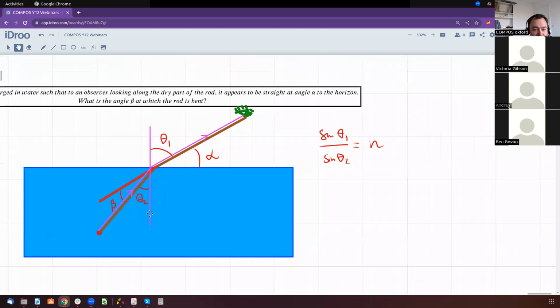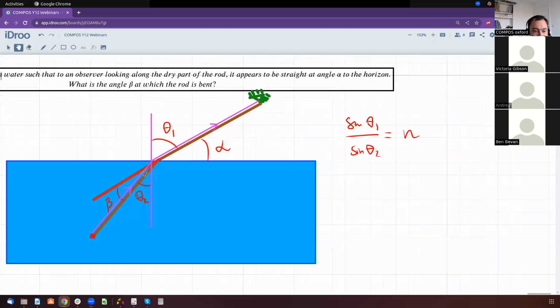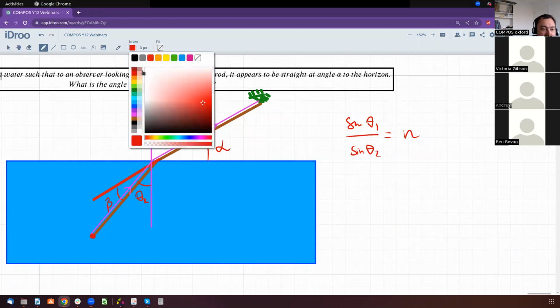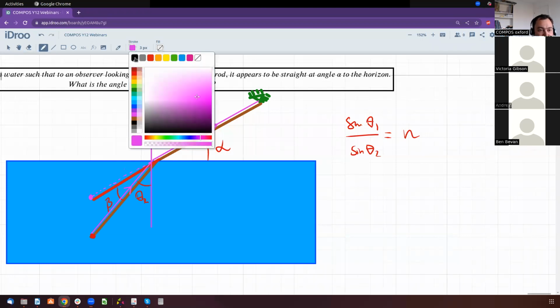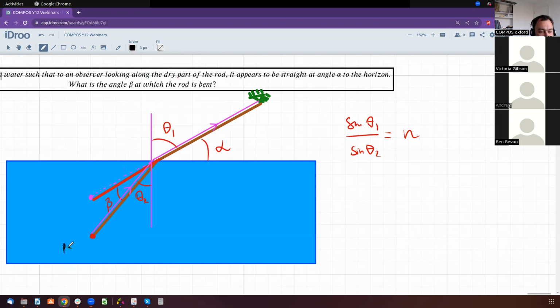The light travels along the pink line here, but our brain believes that the light is coming from here. So this is the actual position of the rod, and this is the apparent position.